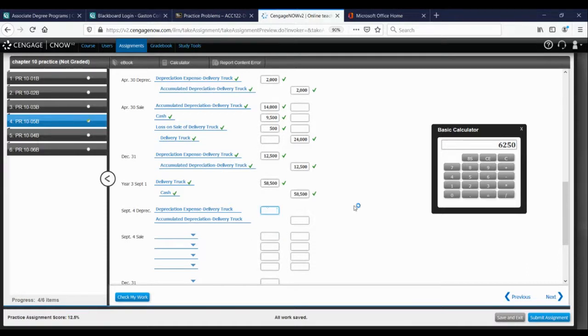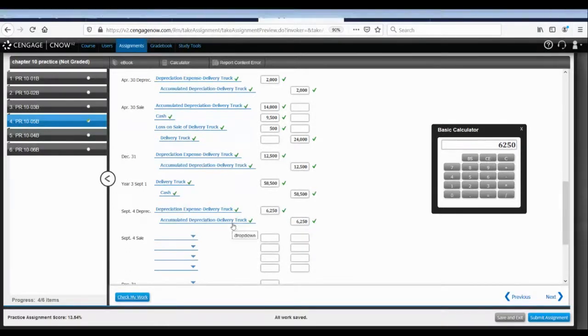The amount that we're going to use is $62.50. That's the additional depreciation for the months between January and September. So up to the day of the sale, we have to depreciate. And this is the depreciation entry up to the date of the sale.